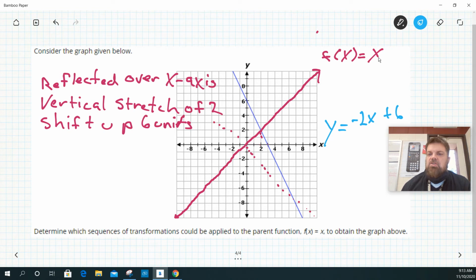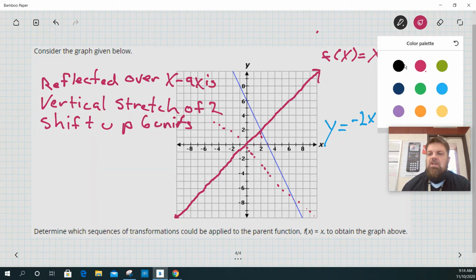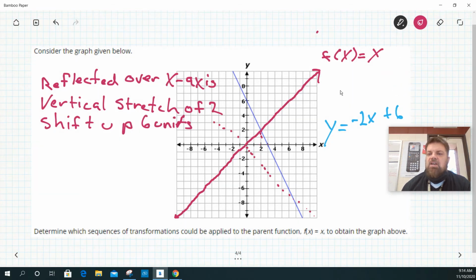Okay? So what we're looking at is what do we do to f of x to get something that looks like this? Well, one of the things that I know is that the vertical stretch changes the slope. So this had a slope of 1. So the vertical stretch would be multiply that by 2.